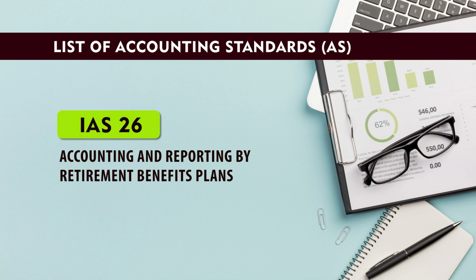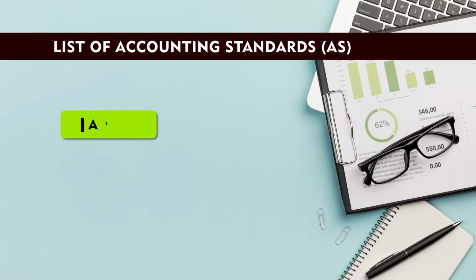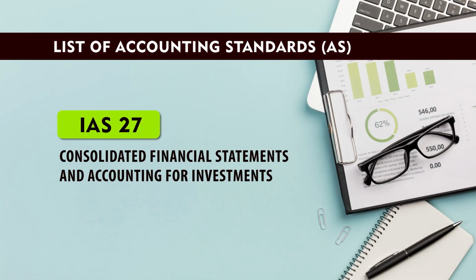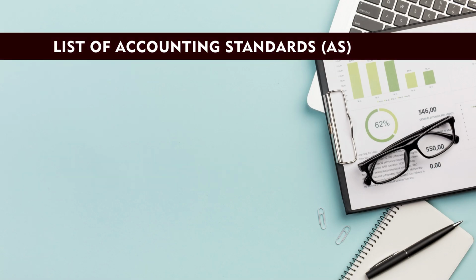So IAS 26 stands for accounting and reporting by retirement benefits plans. Then the next one is IAS 27. So IAS 27 stands for consolidated financial statements and accounting for investments.